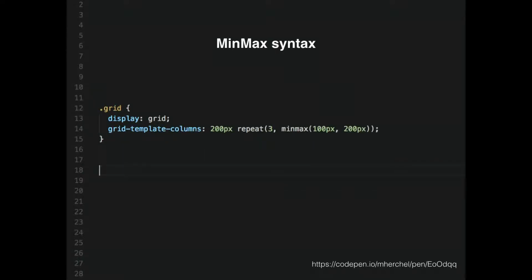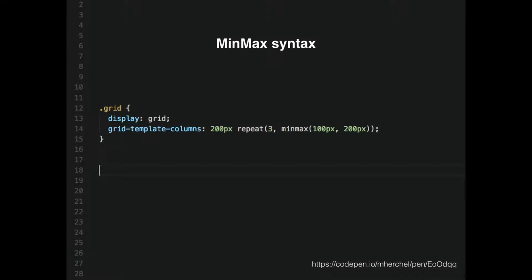MinMax is pretty cool. This is a function right here, and what it will do is allow the column to go from 100 pixels to 200 pixels, depending on the width of the browser and the width of the content. And it's fluid, so it'll go in between there.